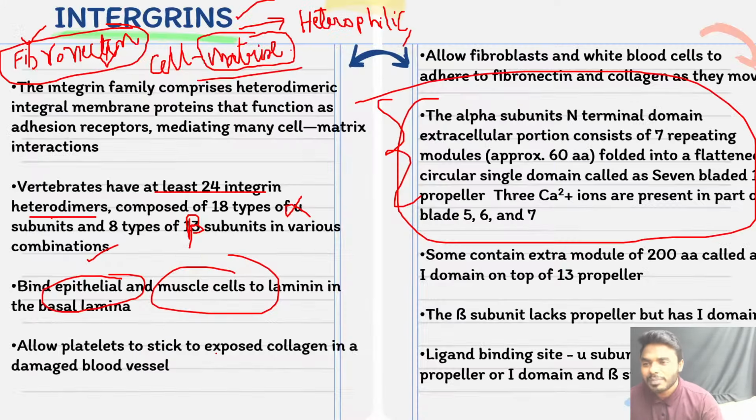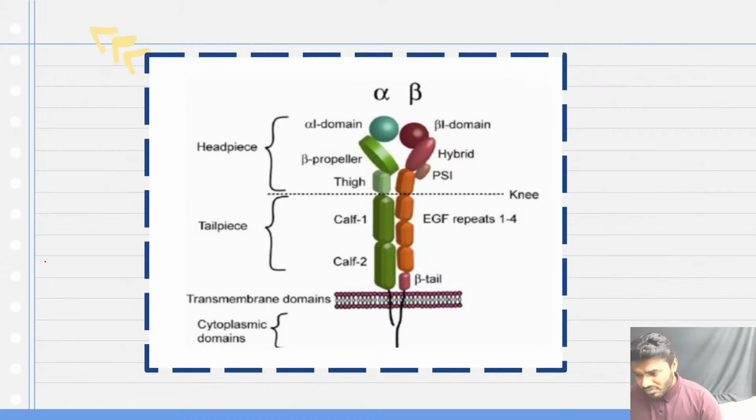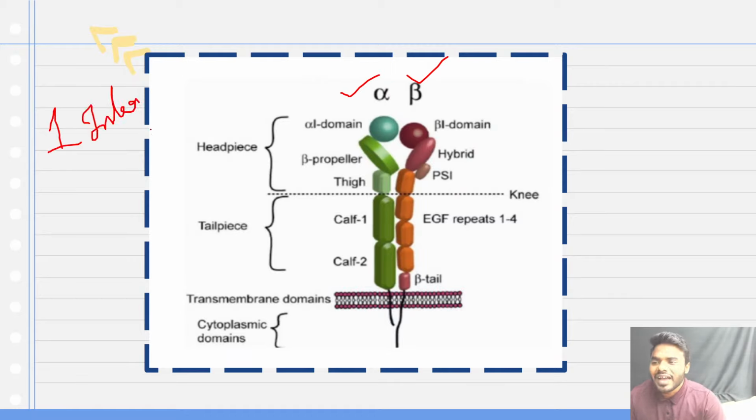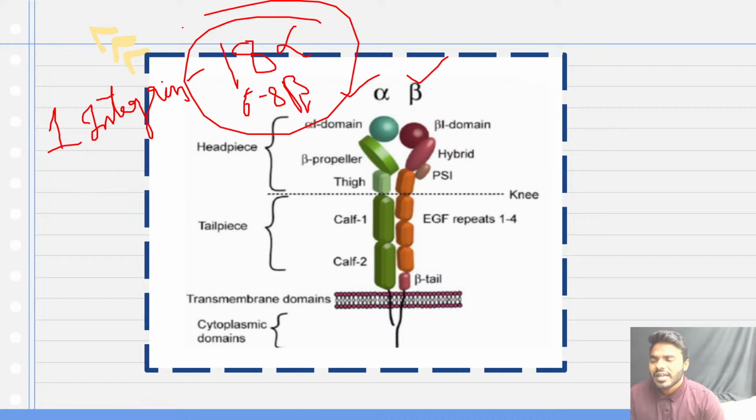What you have to remember is that integrin molecules contain alpha and beta subunits. On average, I am talking about 18 alpha subunits and 6 to 8 beta subunits, present in different combinations. That point I want you to remember.